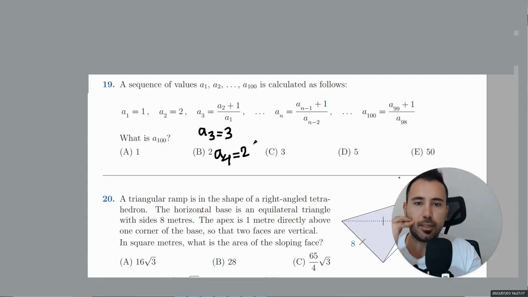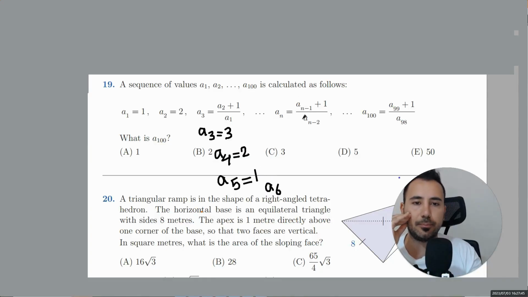Now let's go find A5. A4 will be here, which would be 2. A3 will be here. So it would be 2 plus 1 over 3. A5 is actually 1. Okay, now let's see A6.